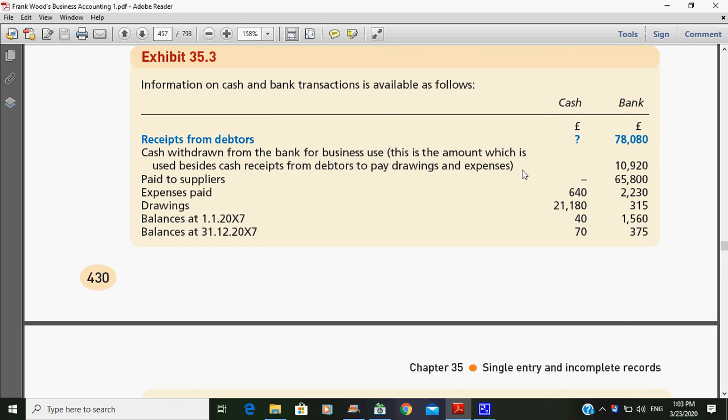In this case, you'd have entered the 78,080 in the bank column for receipts from debtors. They have cash withdrawn from bank for business use. This is the amount which is used besides cash receipts from debtors to pay drawings and expenses: 10,920 for bank for business use.